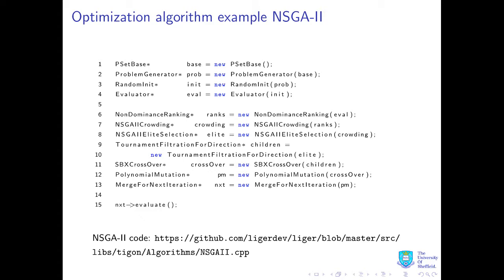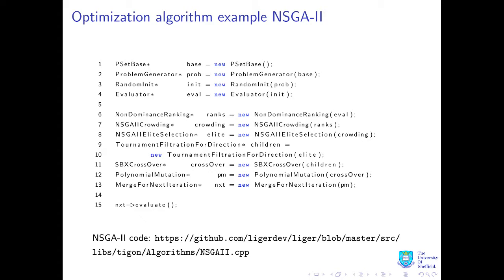Besides the pset base, we have a problem generator that initializes the problem, then a random init which initializes a set of solutions, and then an evaluator which evaluates those solutions. And from line 6 to line 13, we have the operators that form the NSGA-II algorithm.